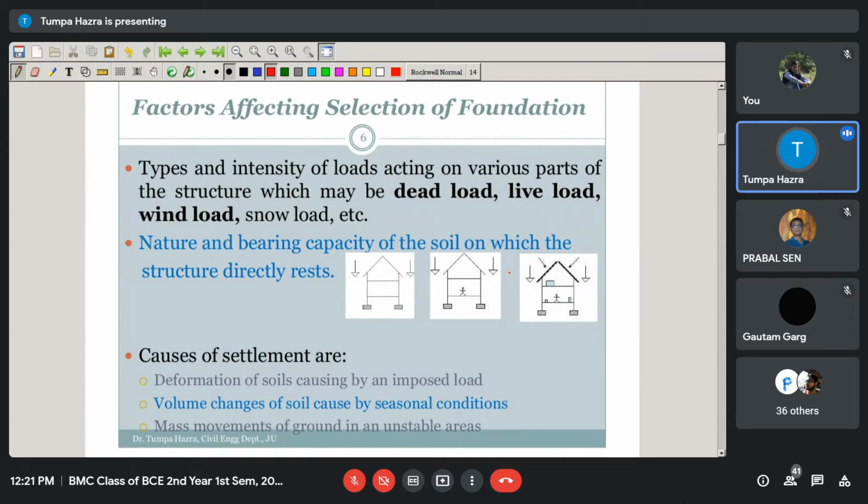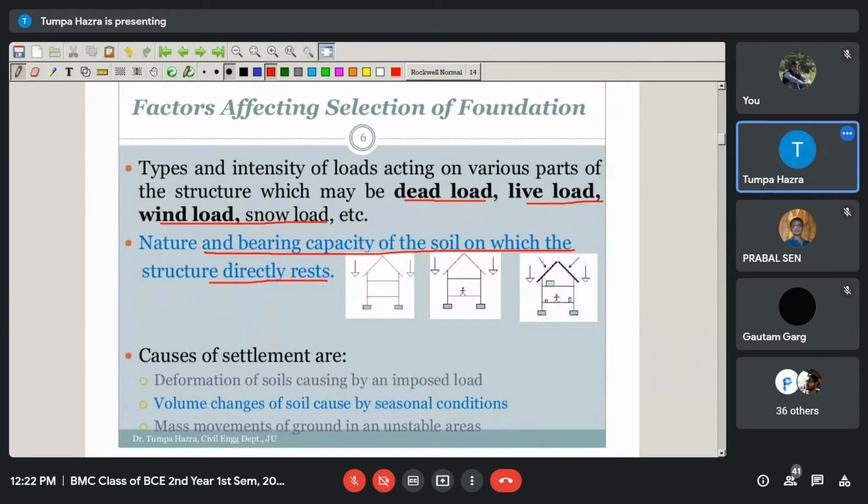The first and foremost issue is the load: different loads like dead load, the self weight of the building, then the live load, meaning the imposed load on the building, as well as wind load, snow load, etc. And you have to consider the nature and bearing capacity of the soil on which the structure directly rests.